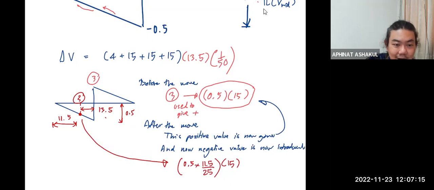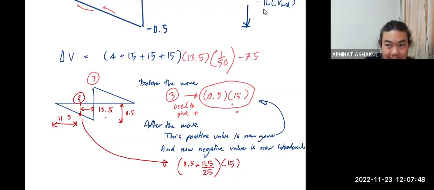So now, as a result, delta V should have these values coming in. The first one is the one that we used to have as a positive value, and now it's gone. That's minus, this is 7.5, right? So it used to be positive, now it's gone, so it's minus 7.5.